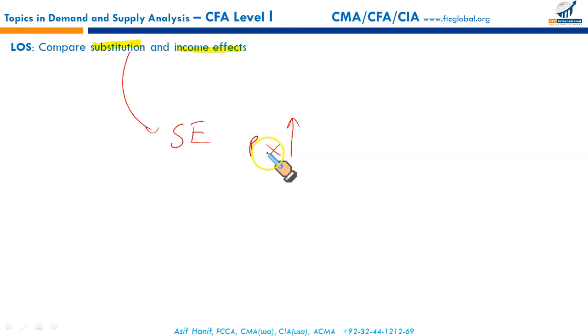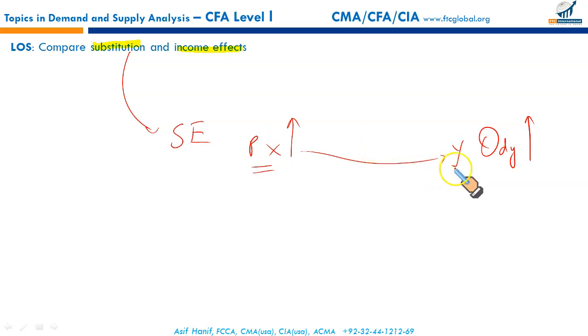Because of the increase in the price of X, people will shift their spending to another product Y, and the demand for product Y starts going up. This is called the substitution effect. The price increase in X has caused a substitution, and the quantity demanded of Y has gone up. Right? And what about the income effect then?